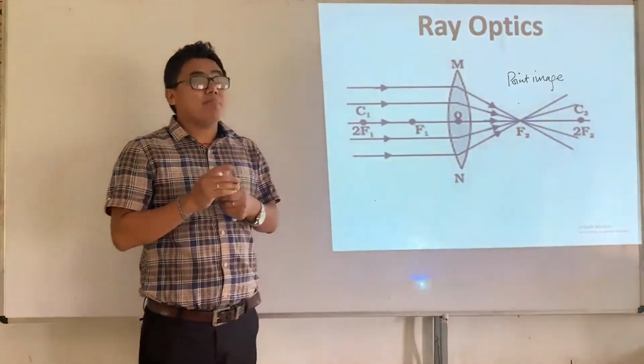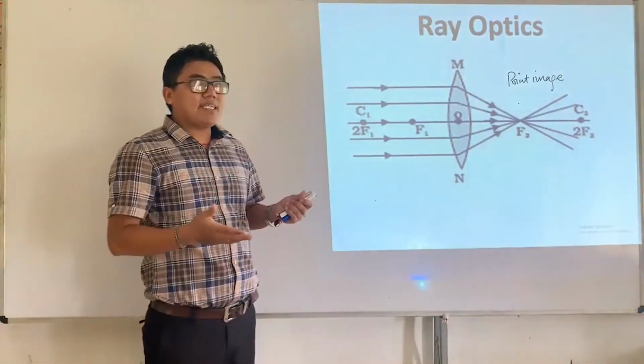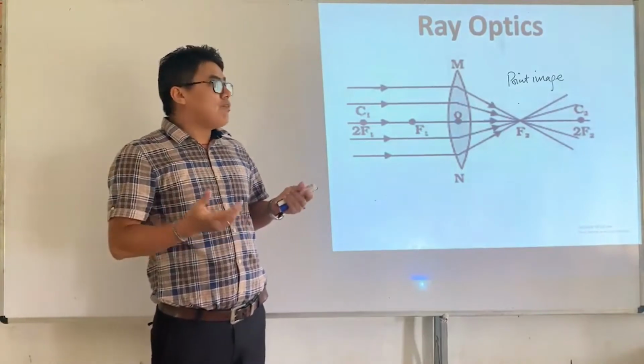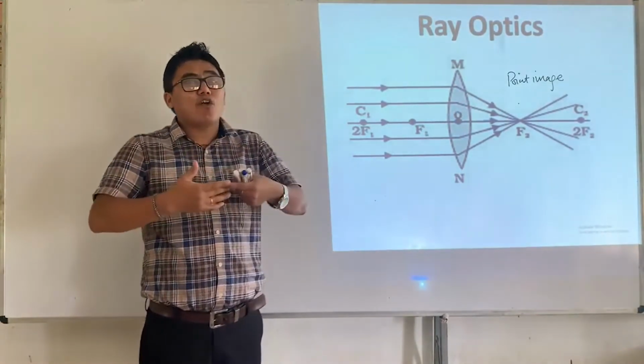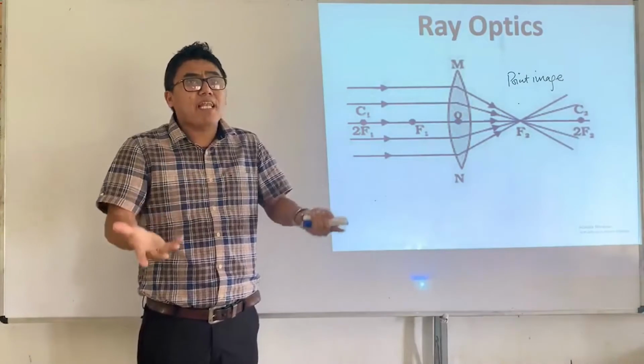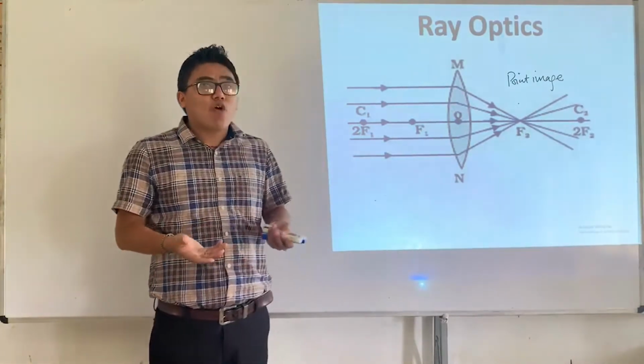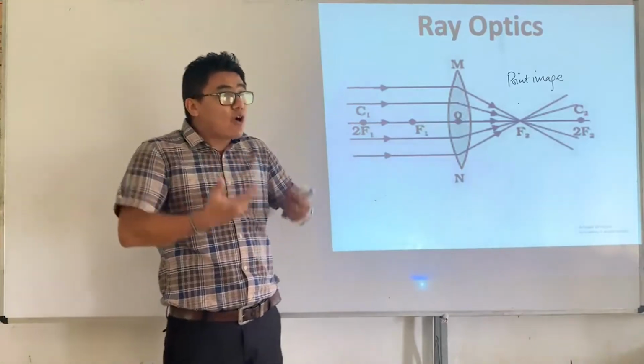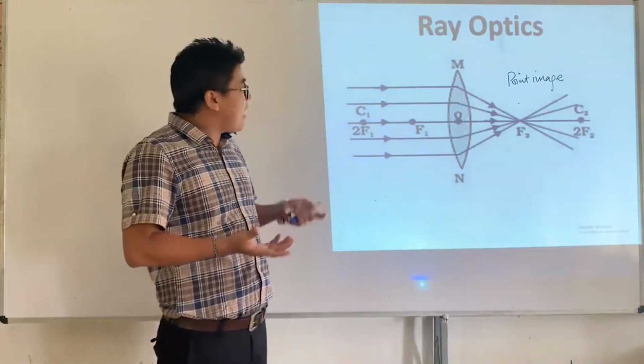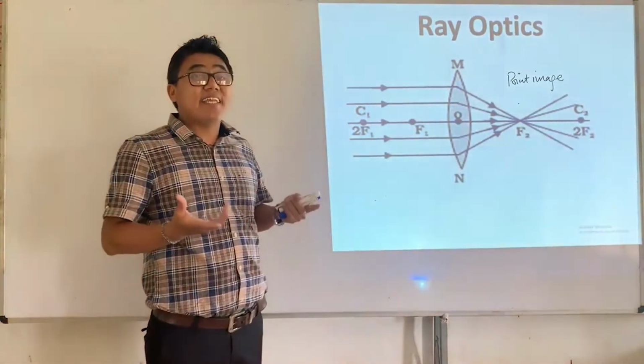If we get a point image, then there won't be any limit as far as resolving power is concerned. Therefore, resolving power would be infinity if light were ray in nature.